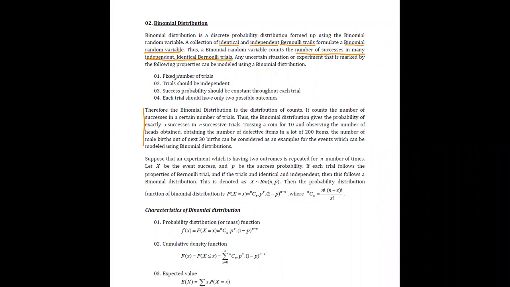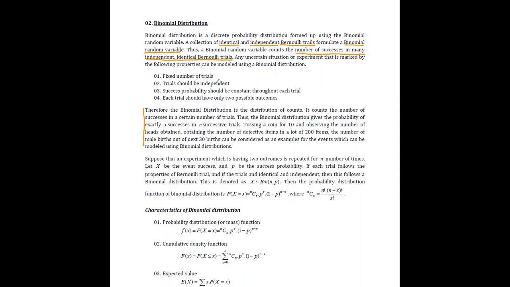The number of trials cannot vary if it is to be modeled using a binomial distribution, or if you are going to perform a binomial experiment. This is the first condition that should be satisfied: a fixed number of trials. And the next thing is that trials should be independent. It means that trials should not be dependent.